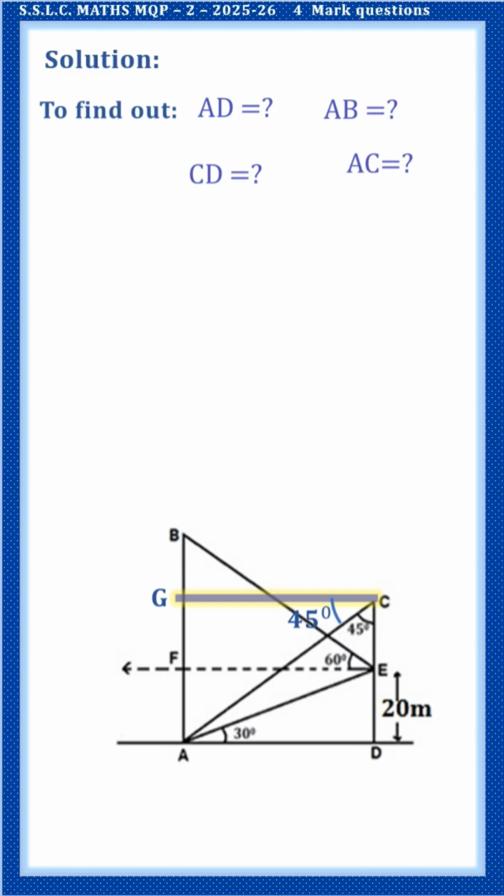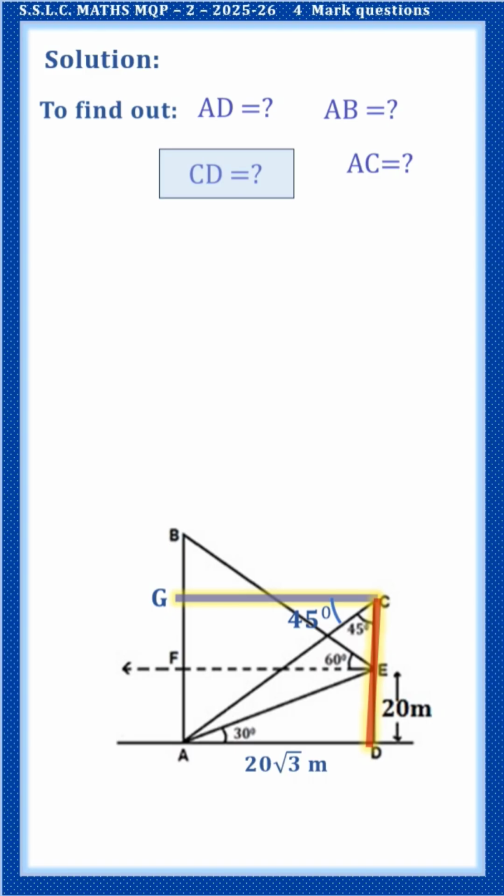So now we have already found AD, the distance between the tower and the building. AB is the height of the tower. Also we have found it out. Now let us find the height of the building, that is CD. Here observe where is CD. It belongs to the right angle triangle DAC.